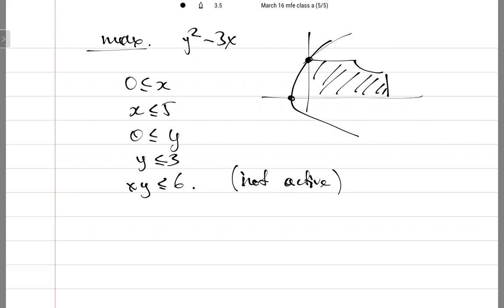But let's imagine that we are not completely sure whether the maximum is exactly here, or maybe it's here. So basically, it's a little bit artificial in this problem because I know the solution.